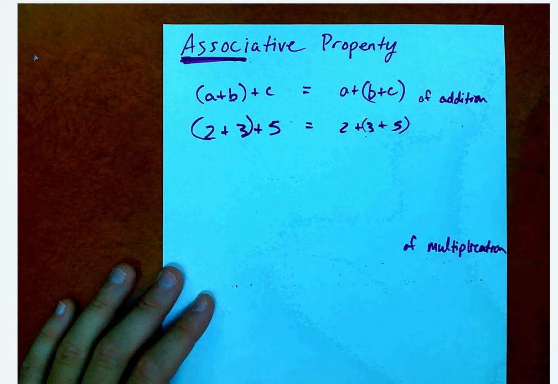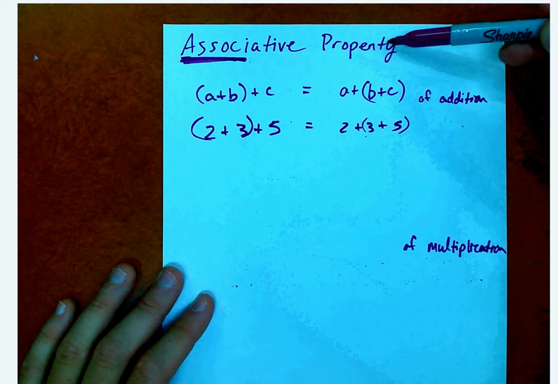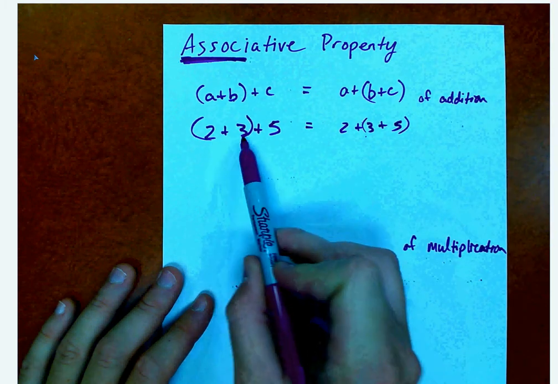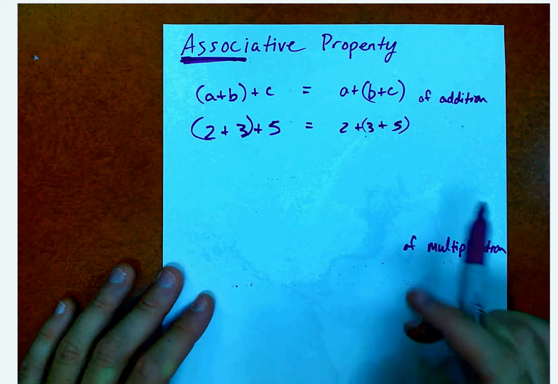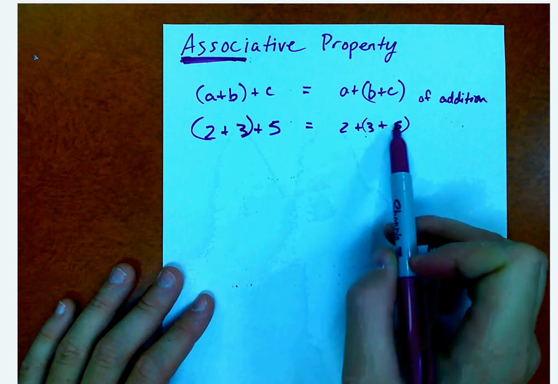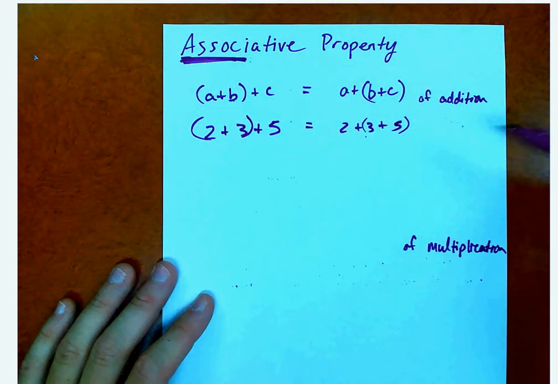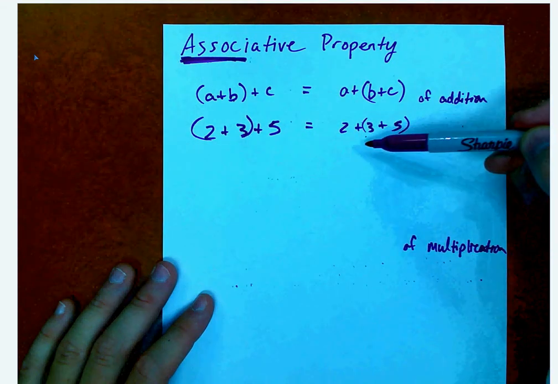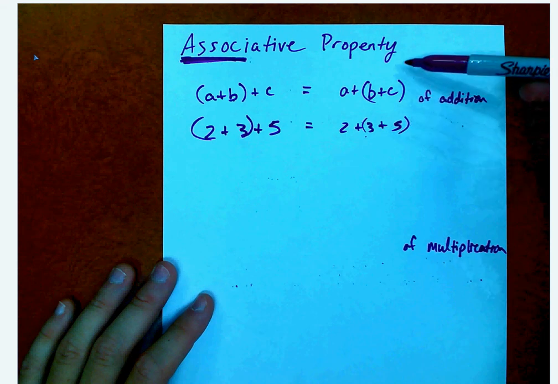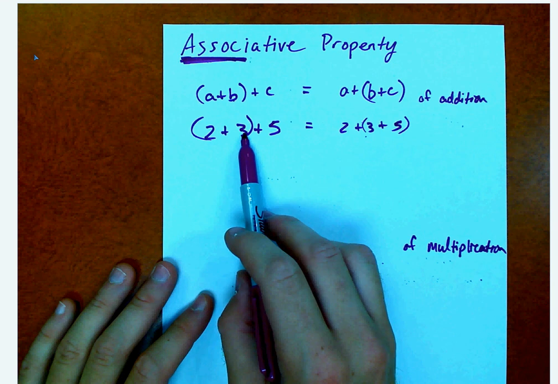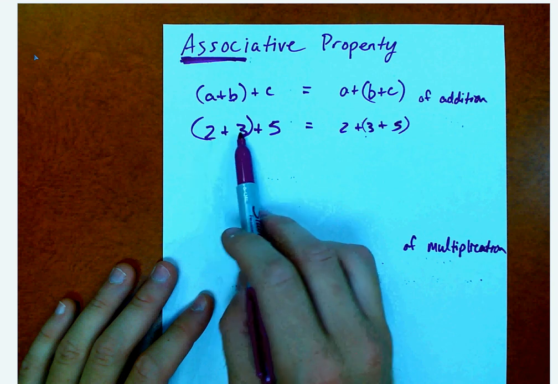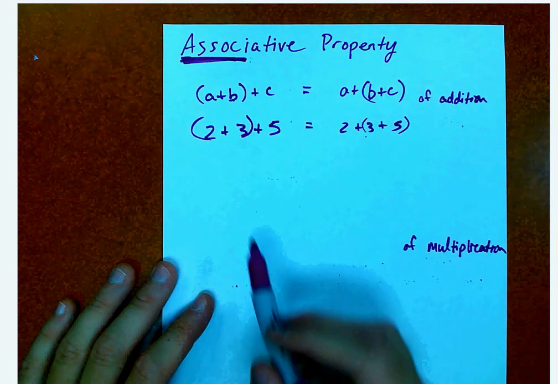Because according to this property, the associative property of addition, it does not matter which way I add in. It does not matter which way I group. You can see it's very closely related to the commutative property, but it's not about switching the order of numbers. It's about switching which number they associate with first.